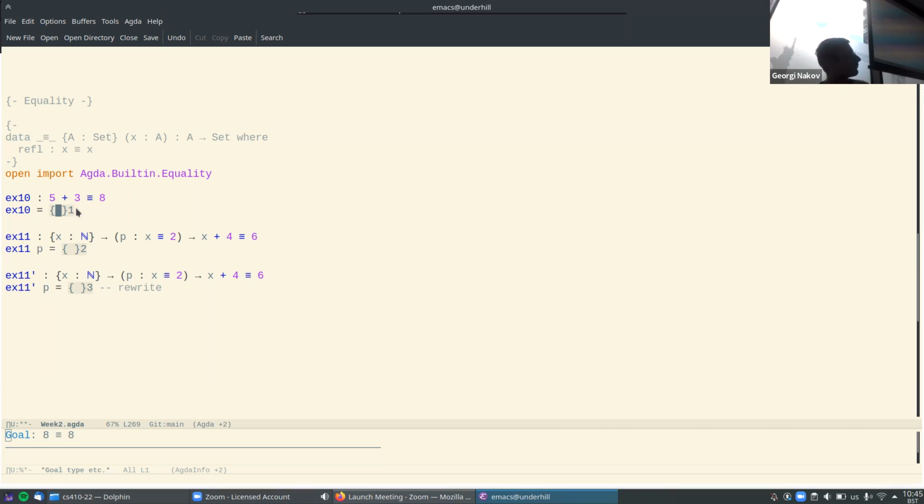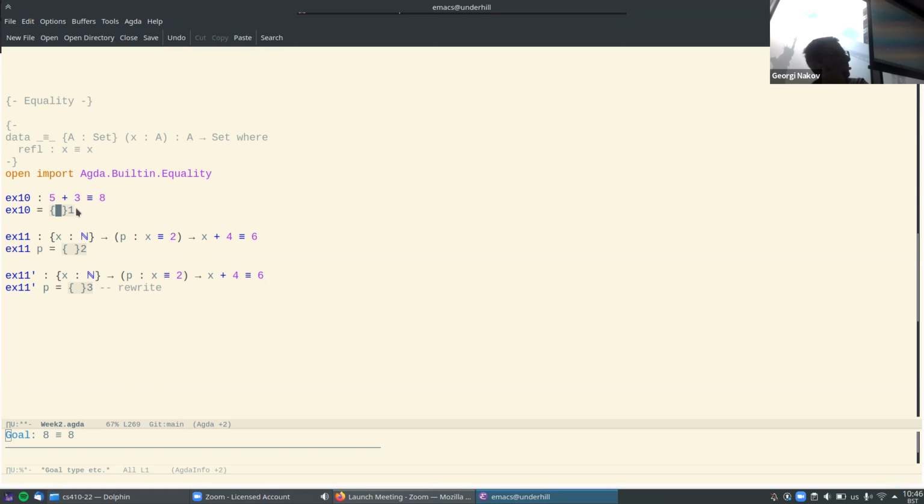So here, it's okay, right. That's rather the point. What we're saying is equality, as far as we're concerned, is whatever Agda can figure out. So if Agda can figure out by computation that two things are equal, then great.